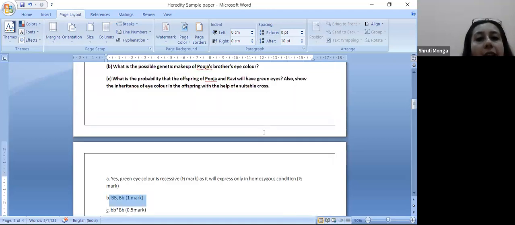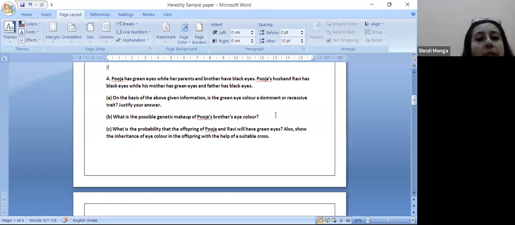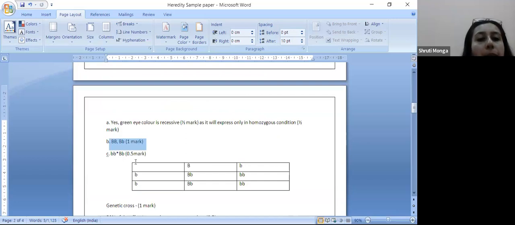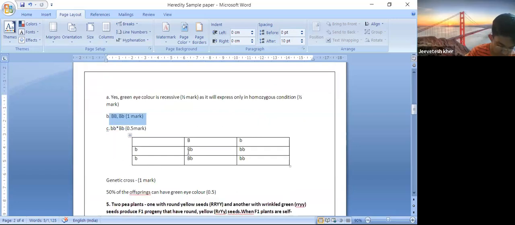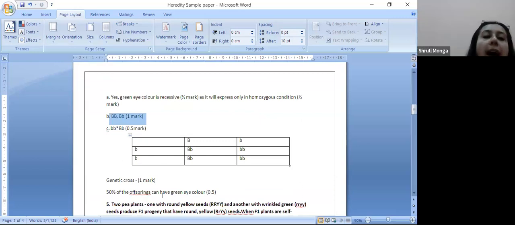And Ravi, who is the husband of Pooja, who has black eyes, for him we have written the genotype as capital B small b. So now make a cross. Pooja has green eyes, recessive, homozygous condition, small b small b, that is why.